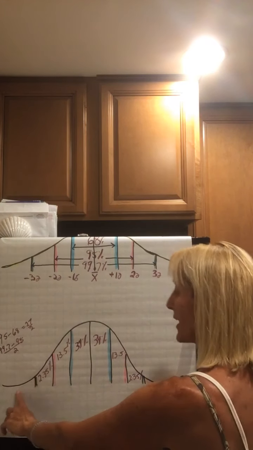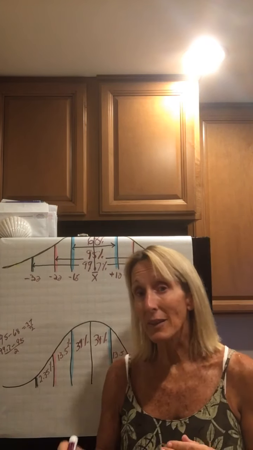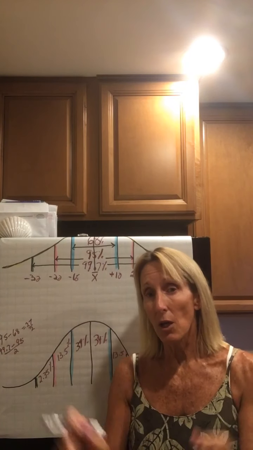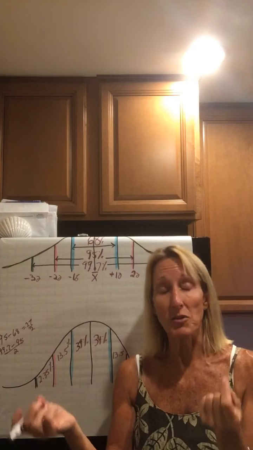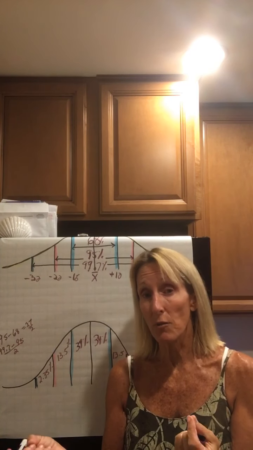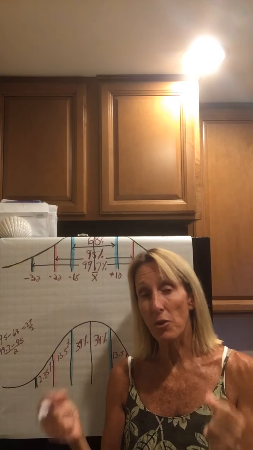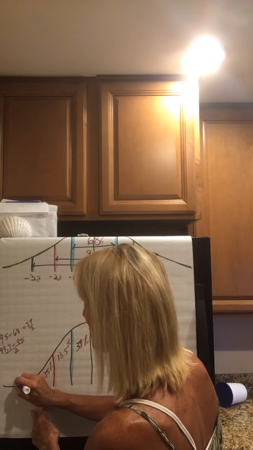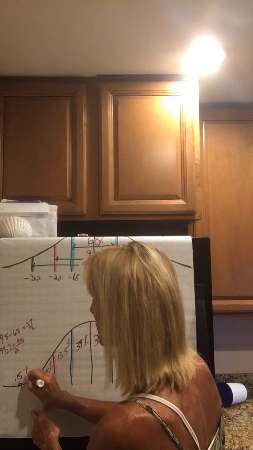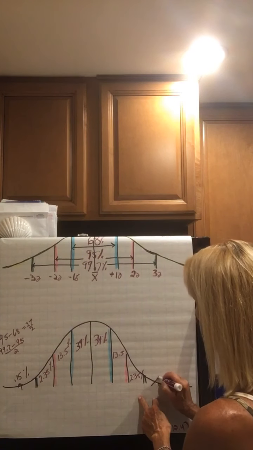And then these little tails over here, so you have 99.7%. That leaves you 30, I'm going to talk money. So that's $99.70. How much do I have left over? 30 cents. So 30 cents divided by 2. So these little tails over here would be 0.15%.